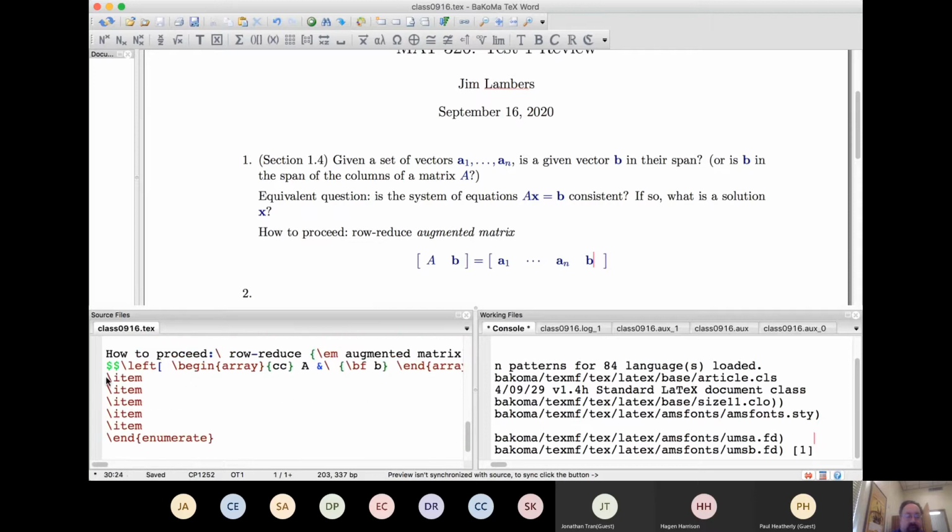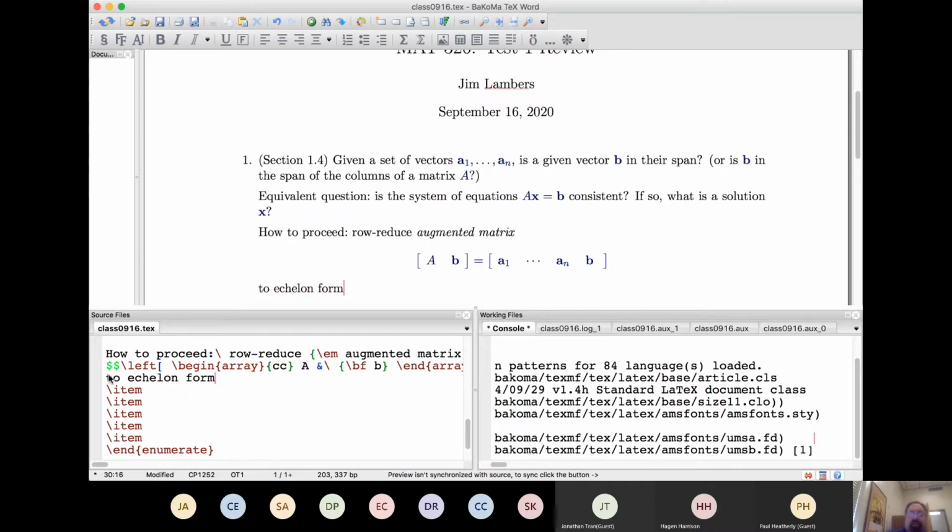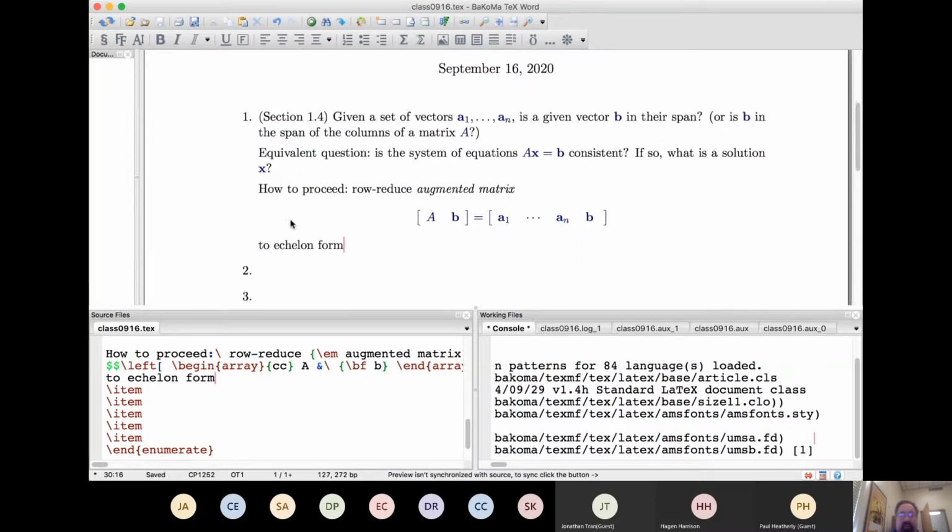Okay. All right. So once you have that matrix, you go to echelon form is enough. You don't need to go all the way to reduced echelon form. And I've picked out problems that do not require going to reduced echelon form. Okay.